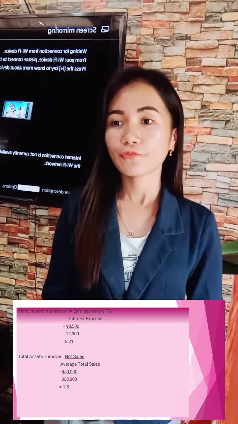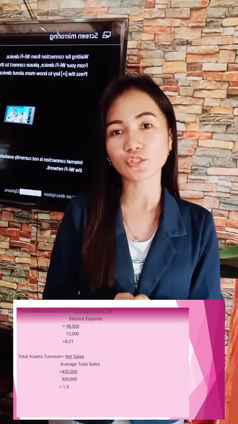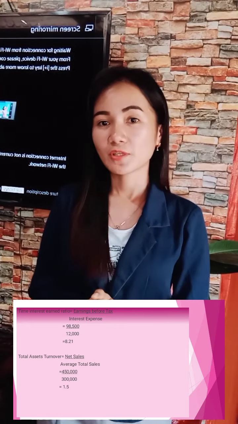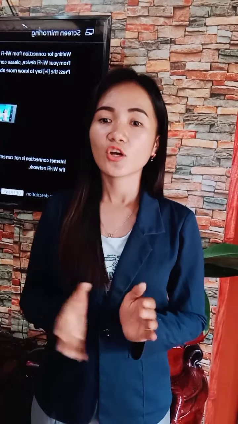The net sales is 450,000 divided by average total assets of 300,000, so the total is 1. And for the time interest earned ratio, it shows that the ABC Corporation has earned 8 times its interest before tax. And for the total assets turnover, it indicates that over the quarter, the corporation managed to generate a total assets turnover of 1.5 times.